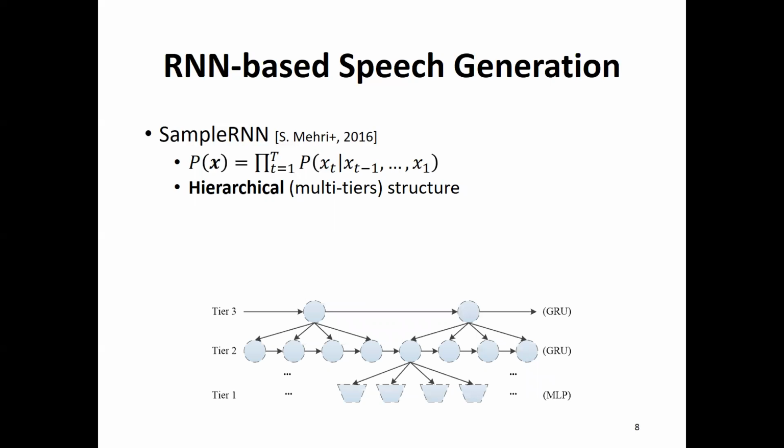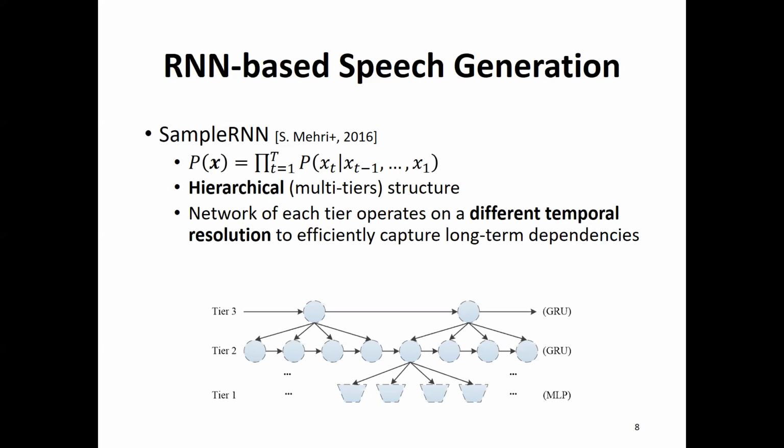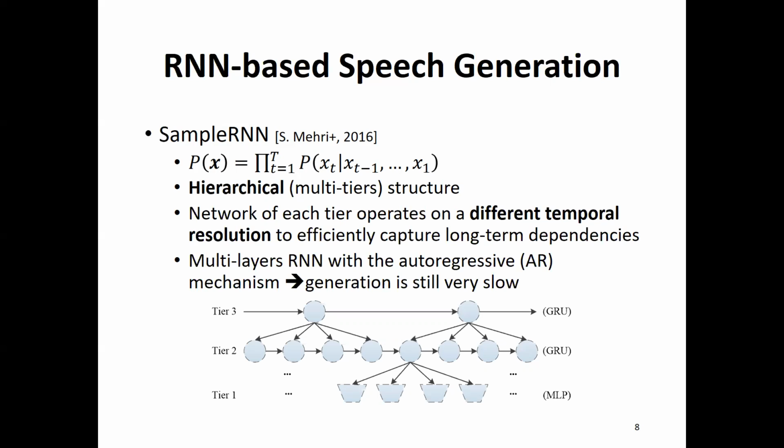Moreover, SampleRNN adopts a hierarchical structure with multiple RNN layers, and each layer operates on a different temporal resolution. Therefore, the network can model the long-term dependence well with the captured hierarchical information of the speech signal. However, the multi-layer RNNs and the autoregressive mechanism still make the generation very, very slow.